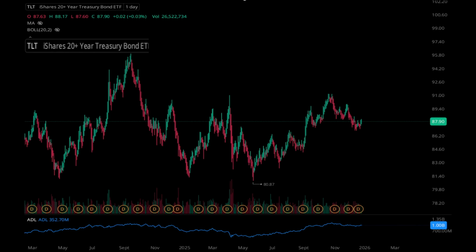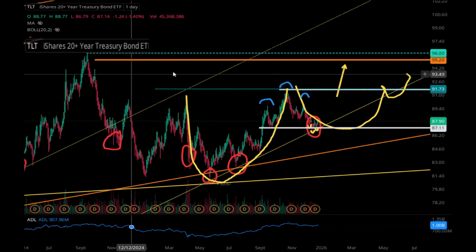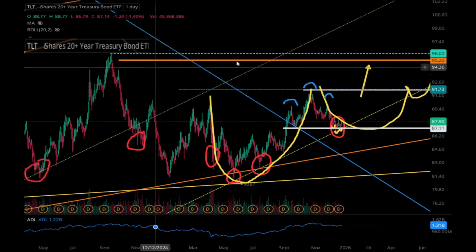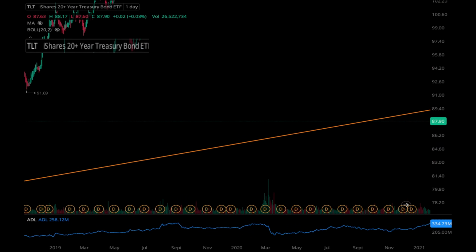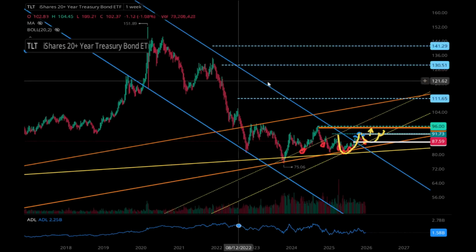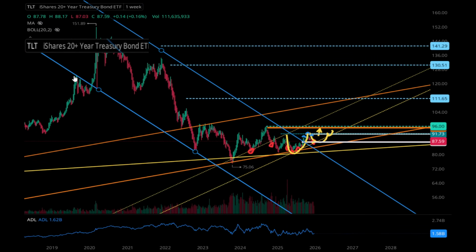Just going over some of the long trends. I believe I deleted my selling channel. Oh, there it is. We did break the prior selling channel, and I do want to bring up the weekly chart for that. This selling channel was holding weight for a very, very long time.